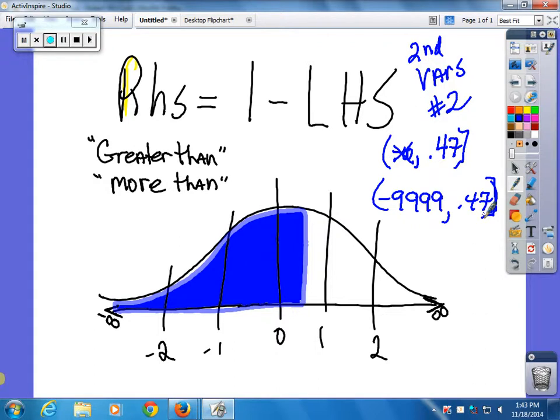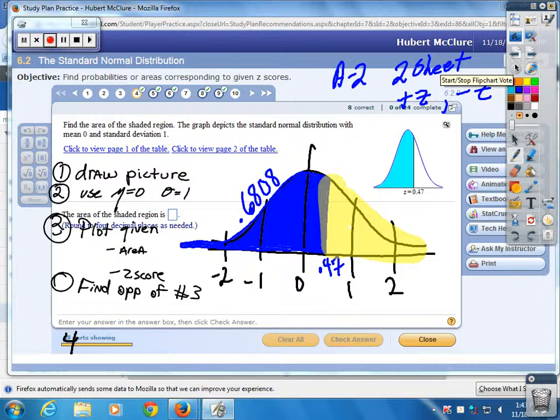What do you get? 0.6808. That sounds familiar. What did we get on the previous problem? 0.6808. So you can use your calculator to go from left to right, or find the right side, find your mark, and go to positive infinity.